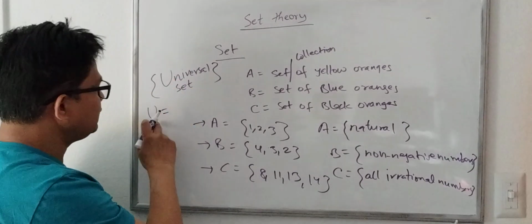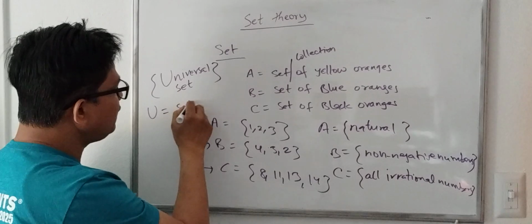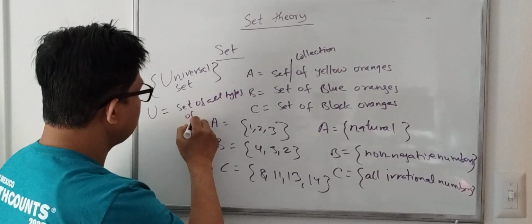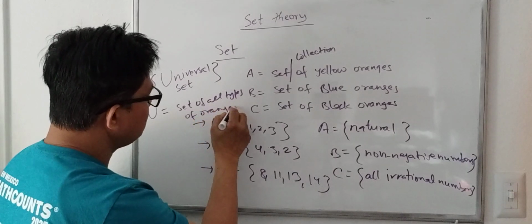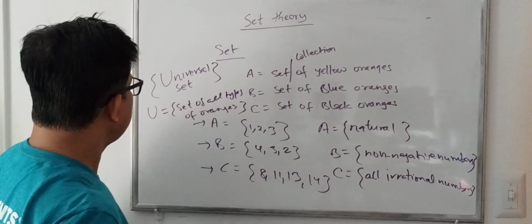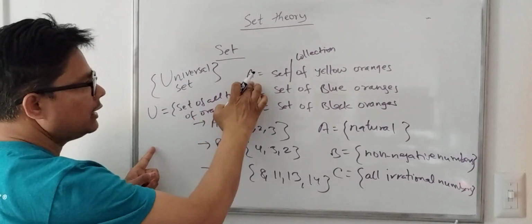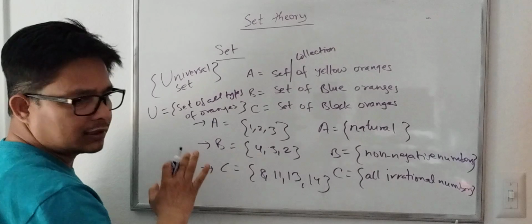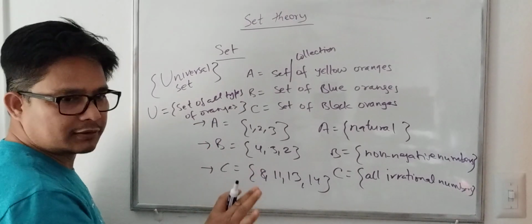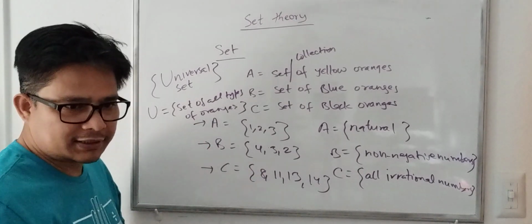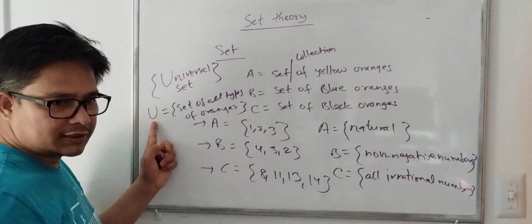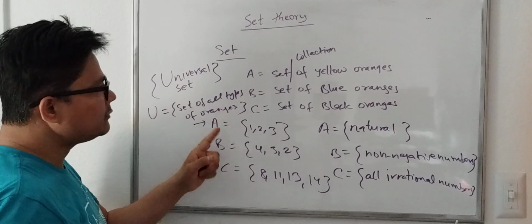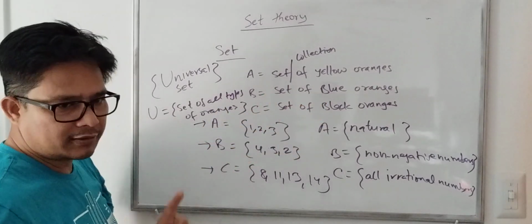So U is the set of all types of oranges. Okay, so you will have all A, all B, all C. So if there are 3 types of oranges in the world, on planet Earth, then you can call U the universal set that contains all types of oranges: yellow oranges, blue oranges, and black oranges.